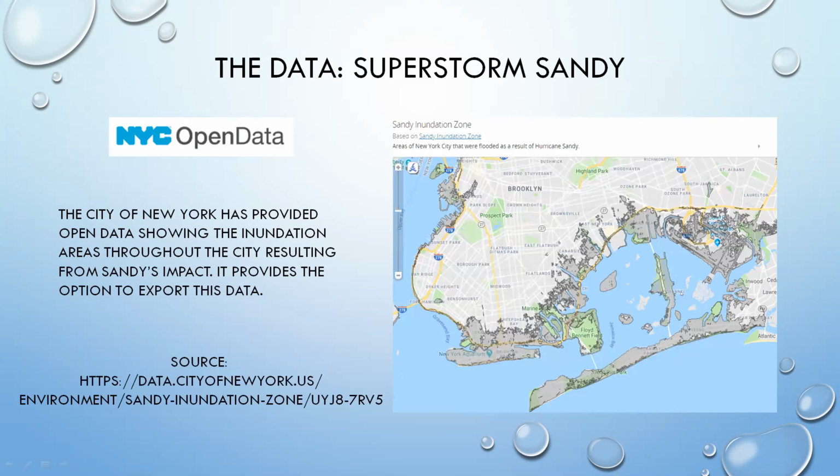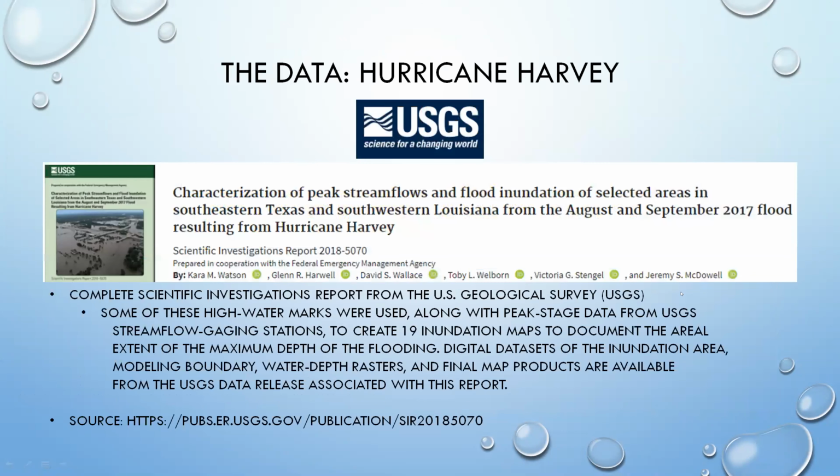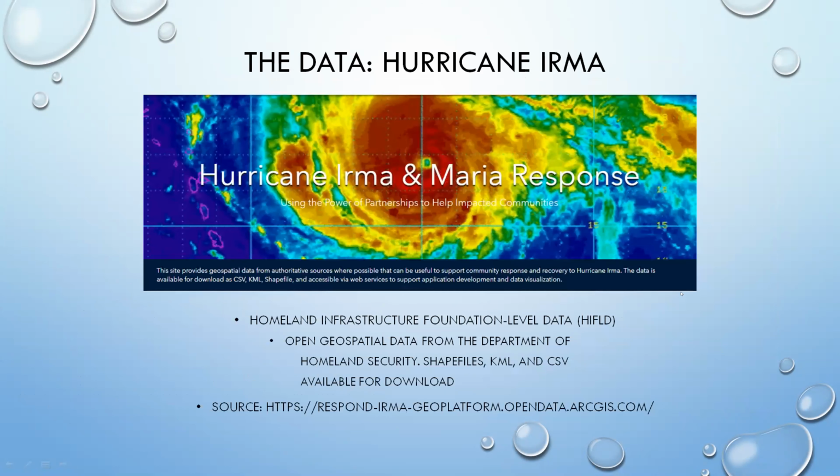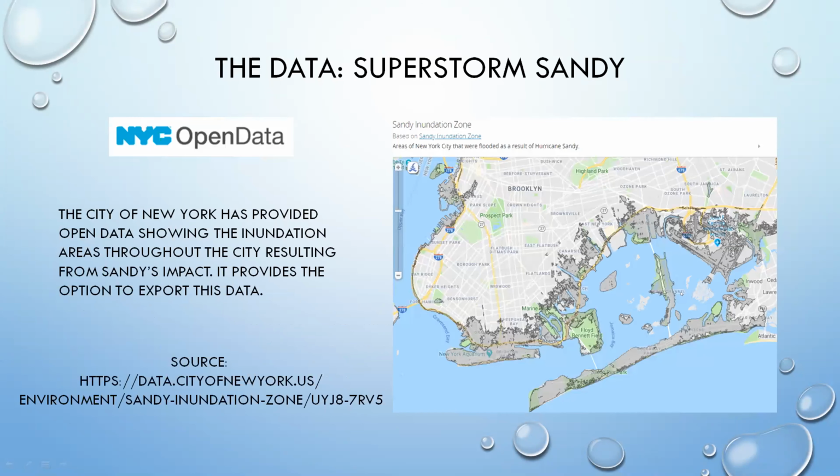But the reason why I'm looking at three different sources, with the USGS, the Department of Homeland Security, and then New York City's Open Data Project, is because even though FEMA has the end-all be-all flood insurance rate maps that are used for flood assessment and risk, a lot of the data used to create those maps comes from state agencies, from other federal agencies, and from local county agencies.